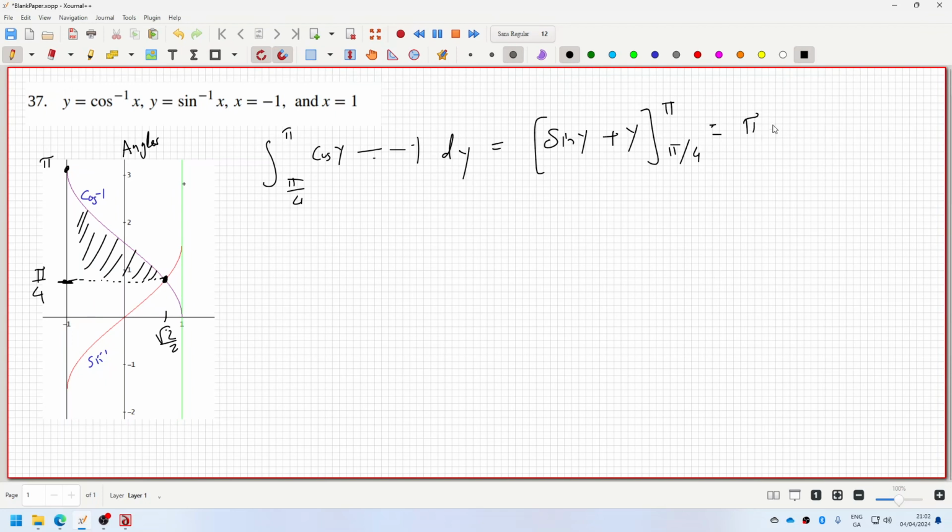So that's minus √2 over 2, and then minus pi over 4. So that is 3/4 pi minus √2 over 2. Okay. That gives me that piece.